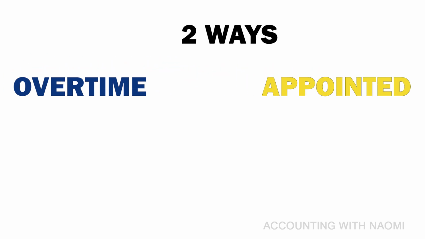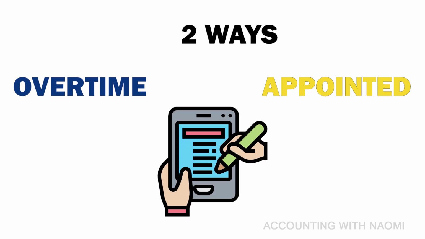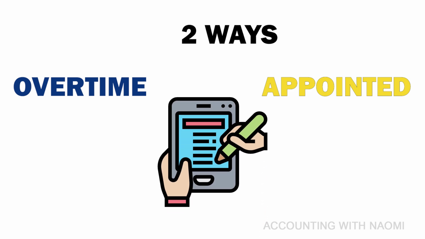Please listen carefully. Let's say, for example, you have registered for tutorials with accounting with Naomi, and Naomi is teaching you for 6 months. So for these 6 months, if I teach you for maybe 2 months and I get to year end, I can recognize revenue for the 2 months that I've already taught you.